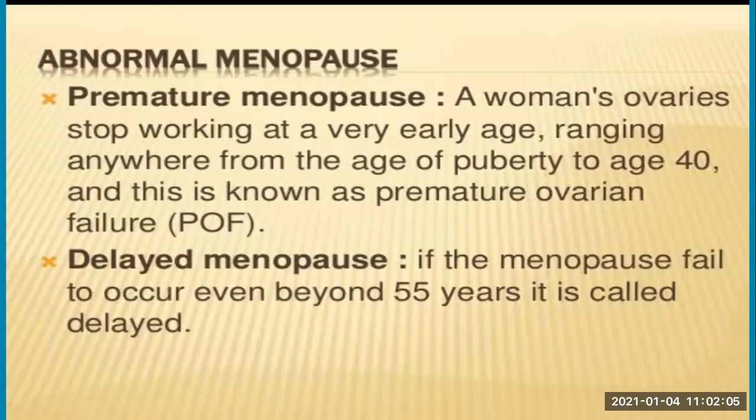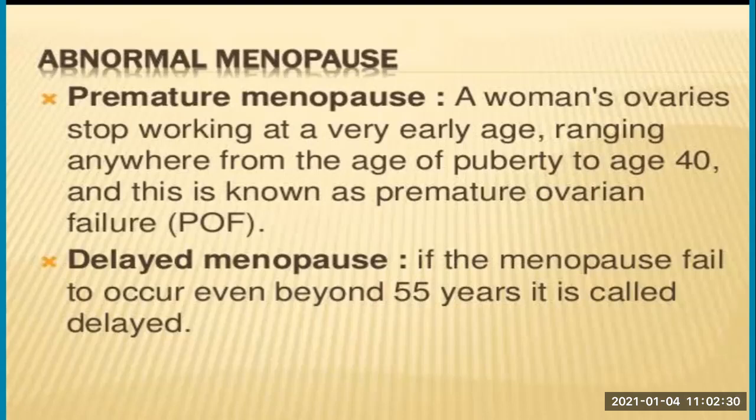So we can see two more conditions of menopause, which are abnormal conditions: first is premature menopause and the other is delayed menopause. In premature menopause, a woman's ovaries stop working at a very early age, ranging anywhere from the age of puberty to the age of 40.